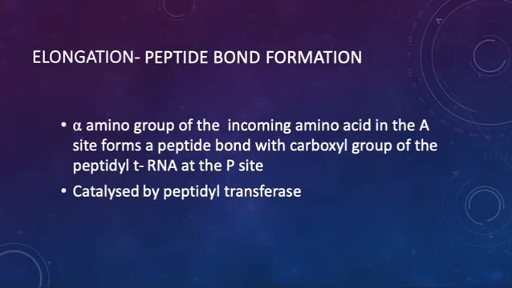So the alpha amino group of the incoming amino acid in the A site forms a peptide bond with the carboxyl group of the peptidyl tRNA at the P site with the requirement of peptidyl transferase enzyme. Okay, so this is the peptide bond formation.